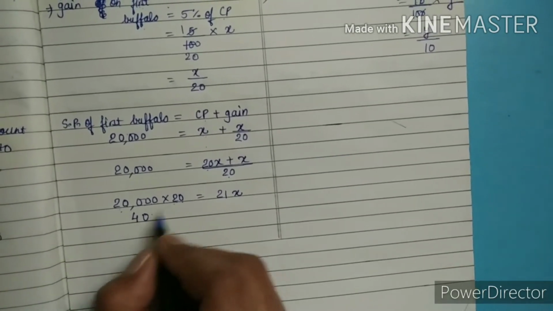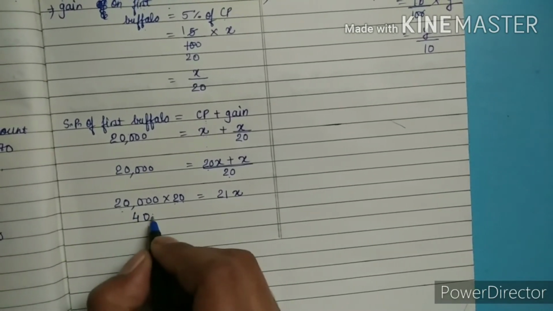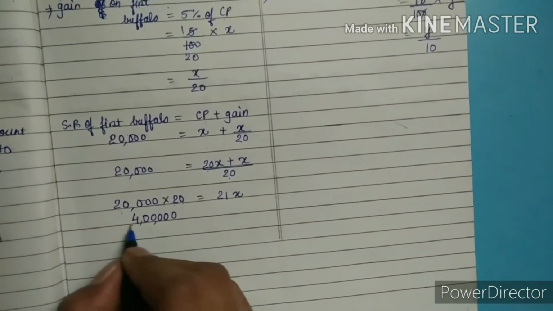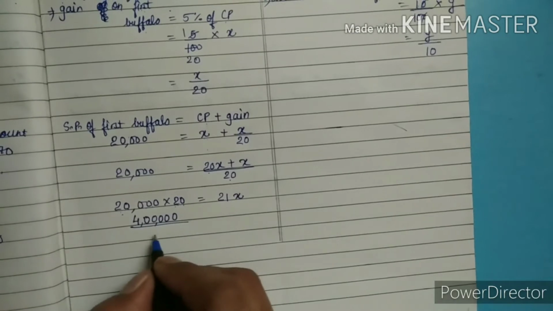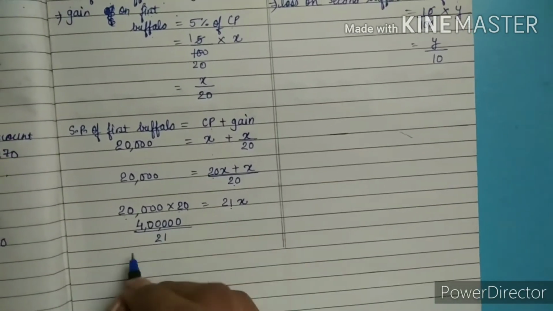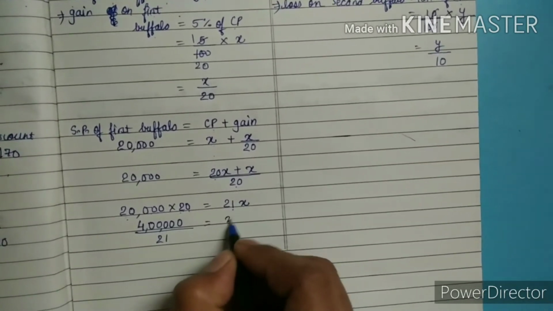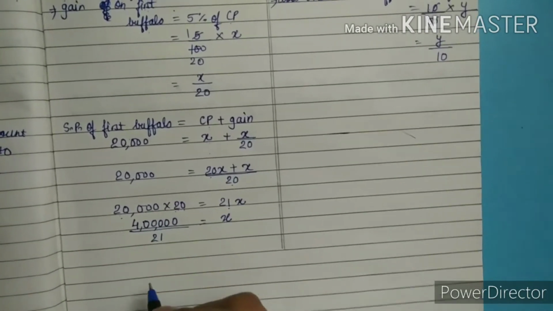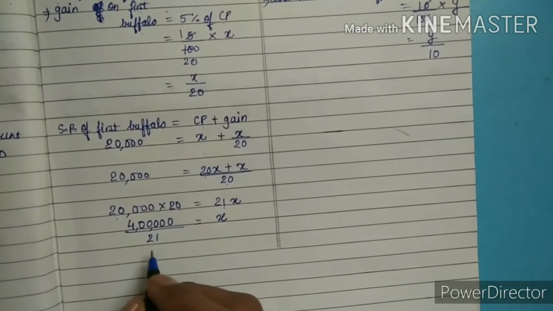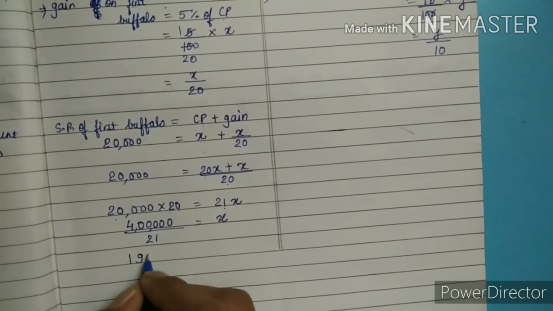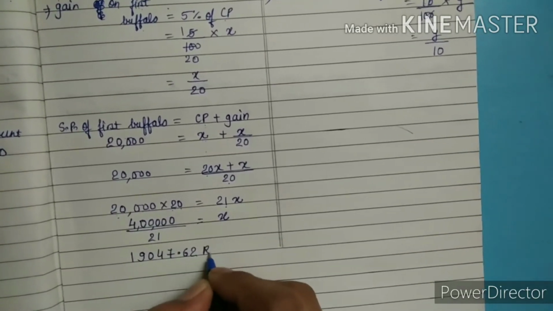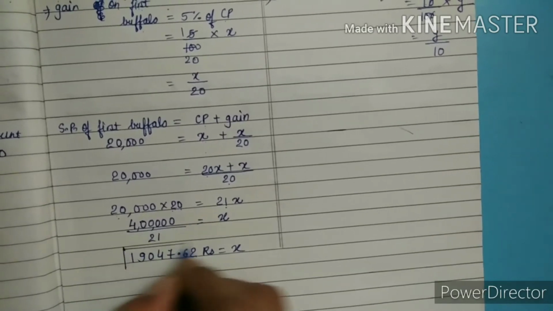After 2 into 2 is 4, we put 5 zeros. And it will be divided by the multiplier on the other side, that is 21. It will come here in the division. So 4 lakh divided by 21 gives us 19047.62 rupees for the first buffalo.